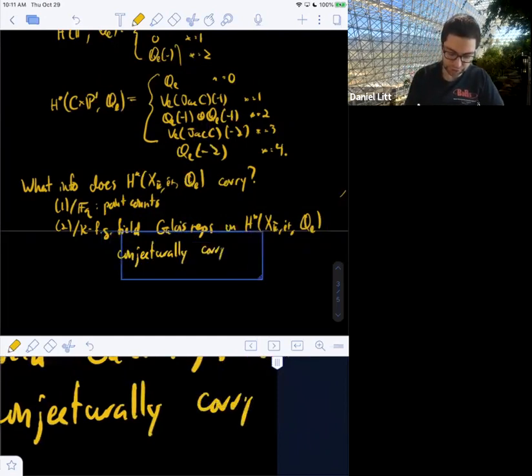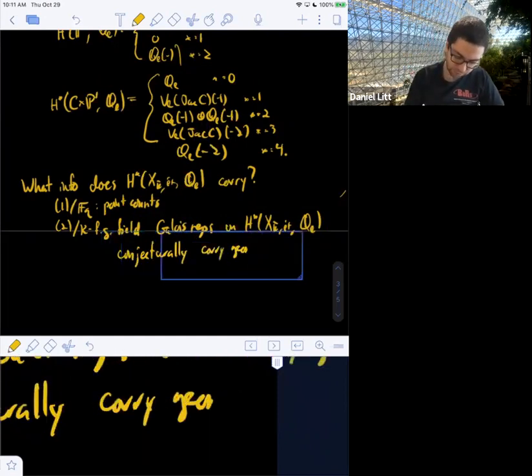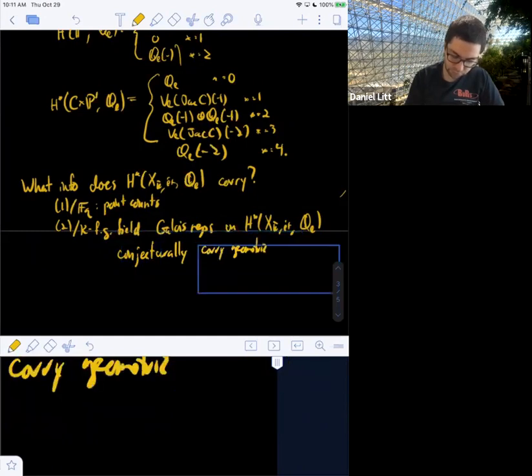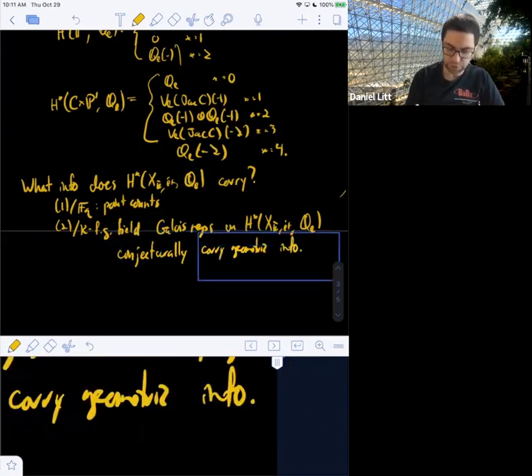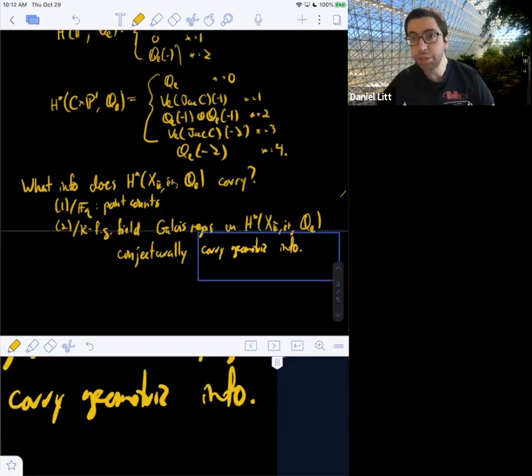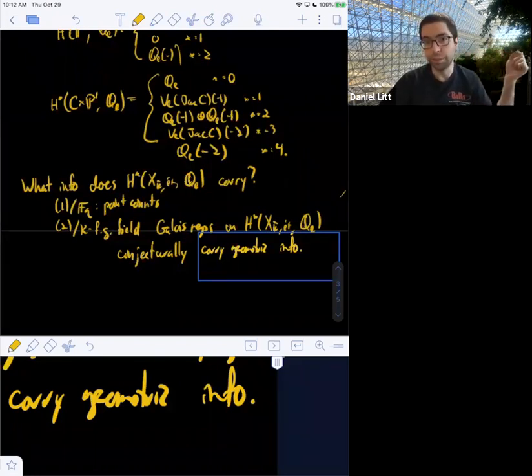So they conjecturally carry geometric information. For example, the Tate conjecture tells you that you should be able to read off the rank of the Néron-Severi group from these Galois representations.